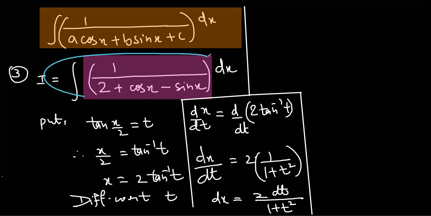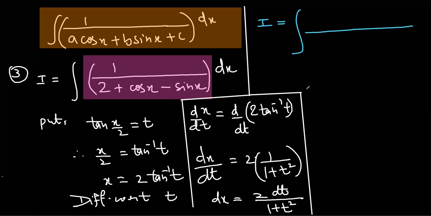The new integral will be completely in terms of t, remember that first. So in the new integral, the 1 dx you will write as 2 dt upon 1 plus t square.